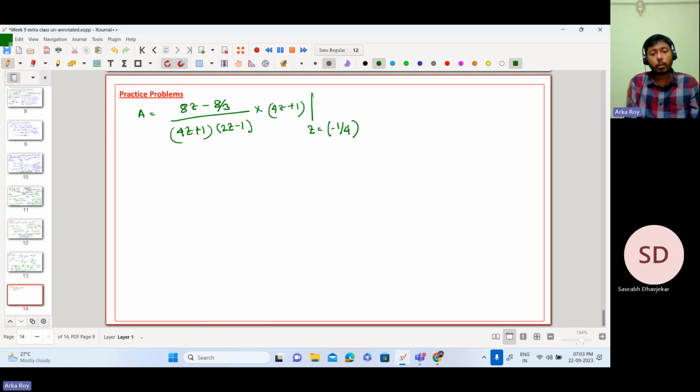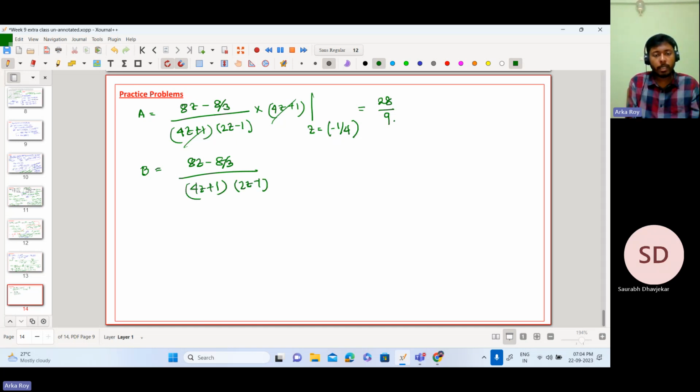If I find the pole location for this, 4z plus 1 equals 0, so z equals minus 1 upon 4. Now, you just need to substitute the value and you will get the final answer. The final answer is 28 by 9. You can exercise it on your own. So 8z minus 8 upon 3, and again 4z plus 1, 2z minus 1.